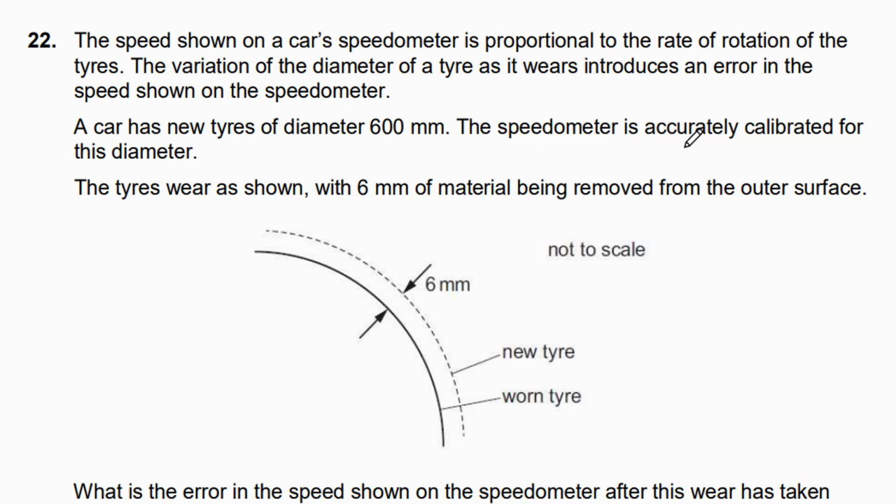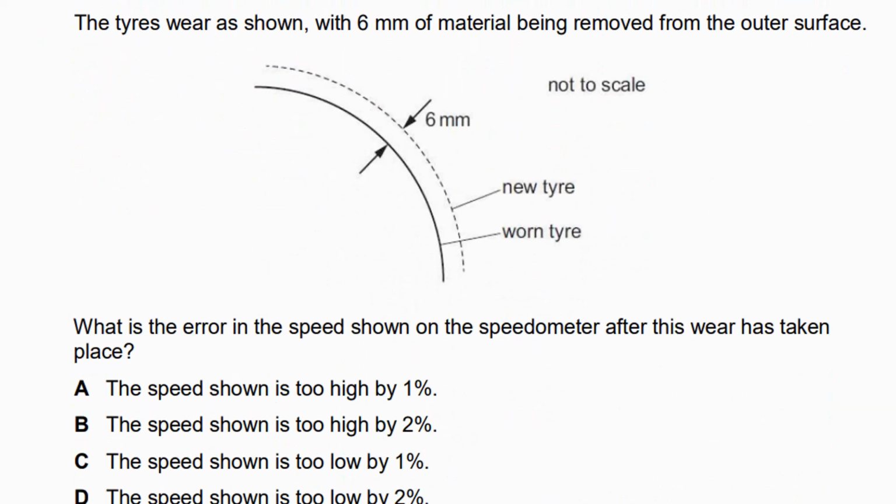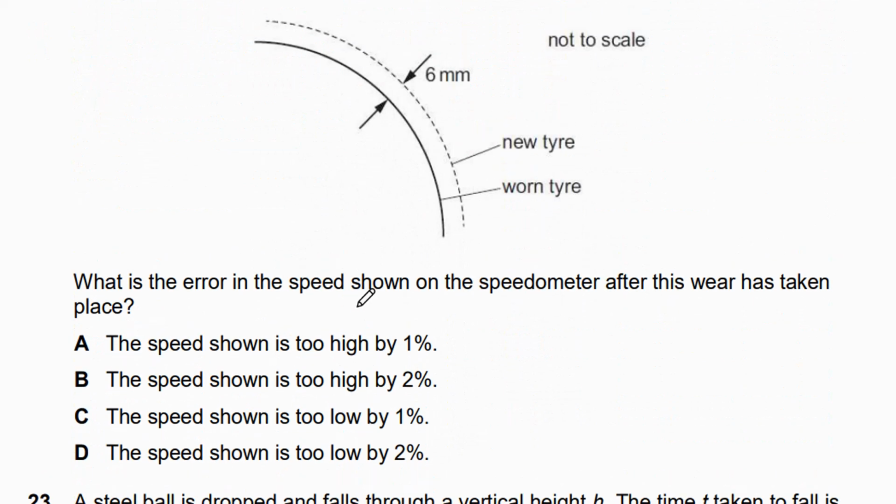The speedometer is accurately calibrated for this diameter. Then it says the tires wear as shown, with 6 millimeters of material being removed from the outer surface. And the question is, what is the error in the speed shown on the speedometer after this wear has taken place? We're given these 4 options.